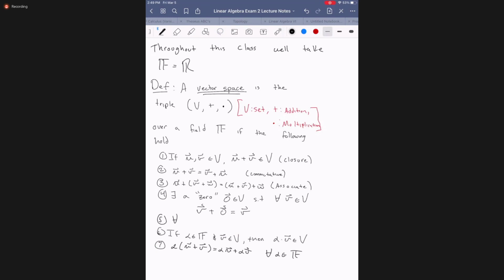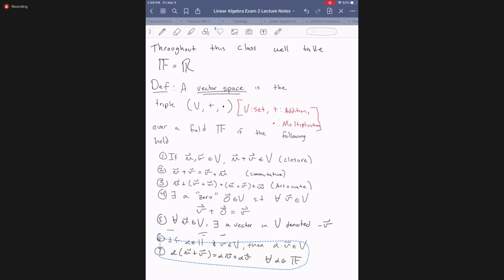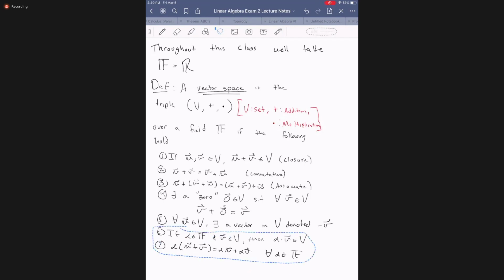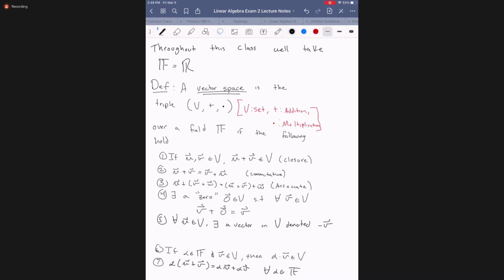For every element v in my V, there exists a vector in V, denoted as negative v, such that v plus negative v is 0. Okay.